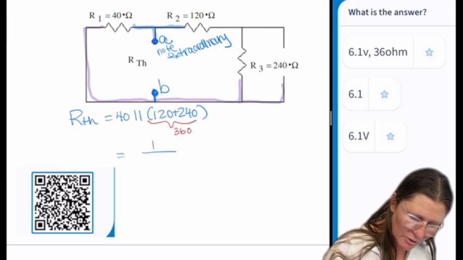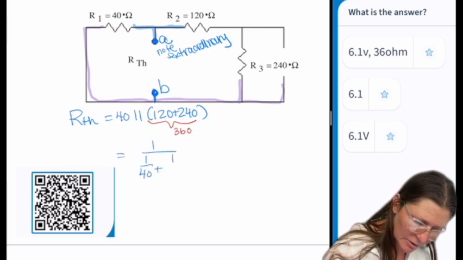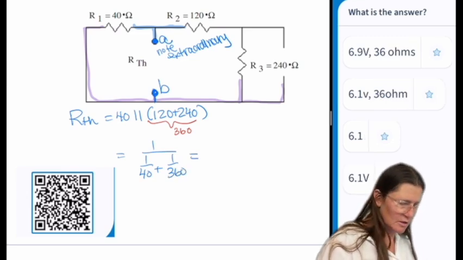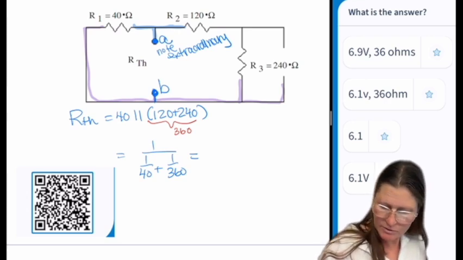So you have 1 over 40 plus 1 over 360, which gives 36 ohms.